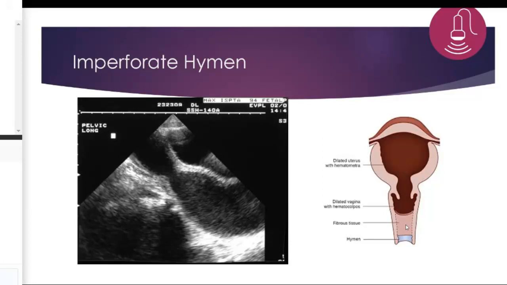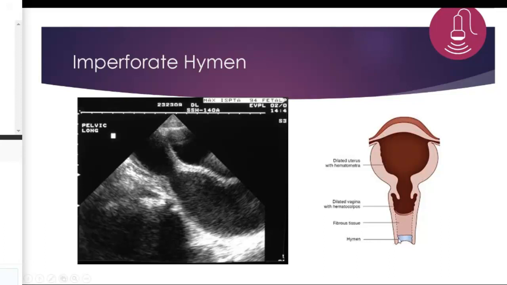All right, so an imperforate hymen. Like we were talking about before, an imperforate hymen is kind of like a transverse septum in the way that it blocks secretions of blood from menstruation. This is something that everyone is born with that tends to rupture before menstruation, but in some patients it doesn't.